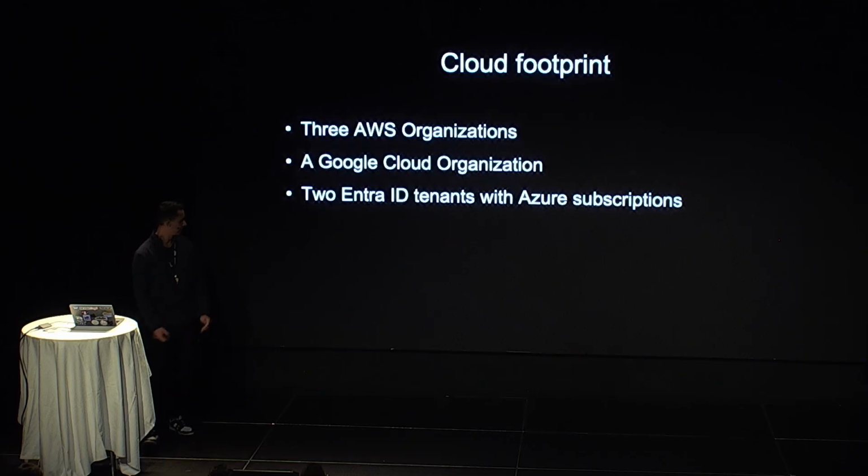So in this scenario, we've found some cloud. We've actually found quite a significant amount of cloud. We found 3 AWS organizations. We found a Google Cloud organization. We found 2 Entra ID tenants that both had subscriptions in them. And of course, we found Alibaba Cloud, but that was out of scope in this case, so we're not going to cover that in this session.